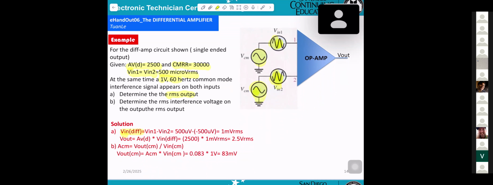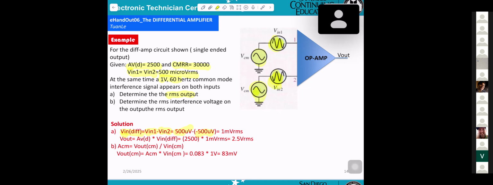V in differential equals V in 1 minus V in 2. That means 500 microvolt minus minus 500. You understand why minus? The thing is, this input will be opposite.